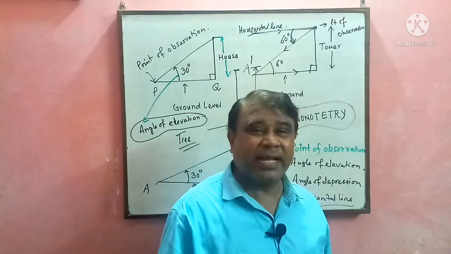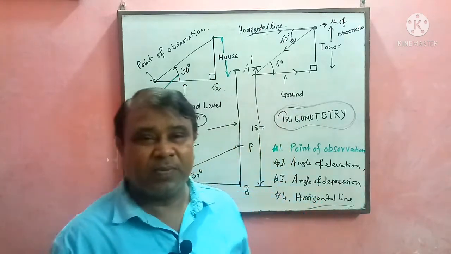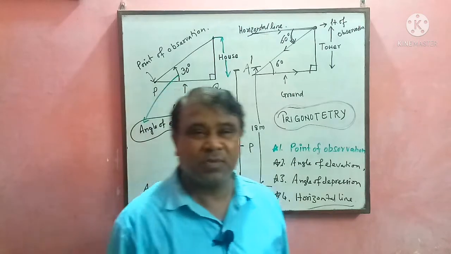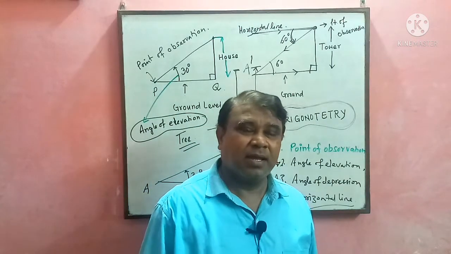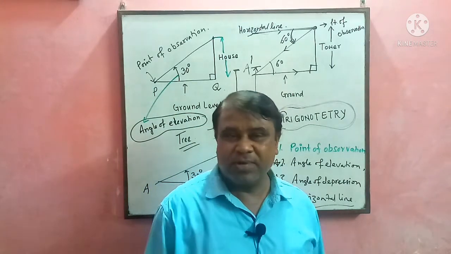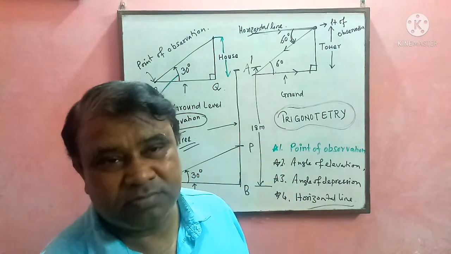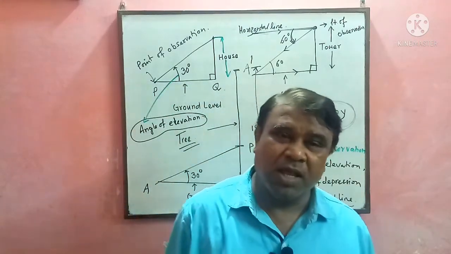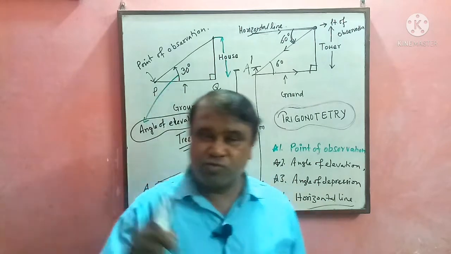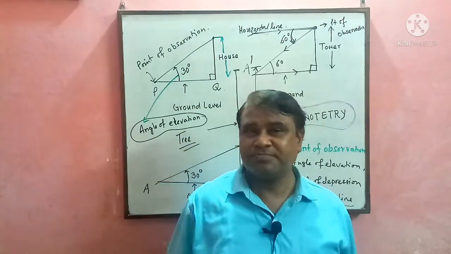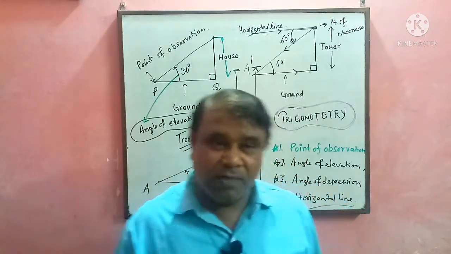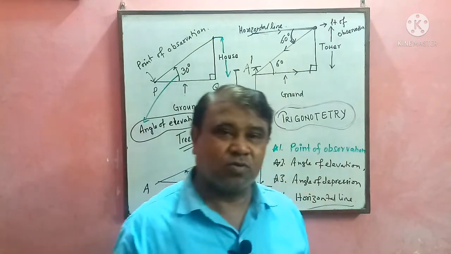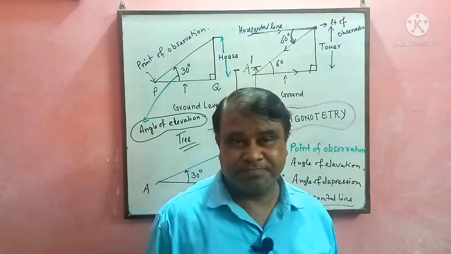We normally take the ratio between the perpendicular and base, and that's what we consider, either tan theta or cos theta. Whenever the hypotenuse comes into the picture, then you have to consider either cos or sine.